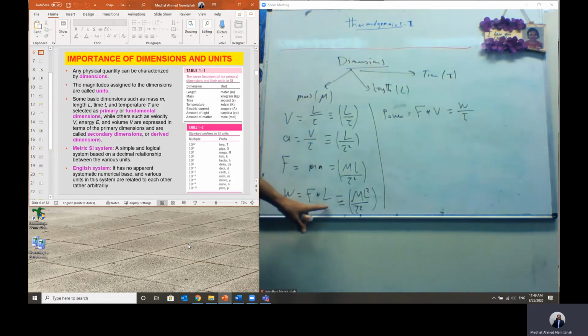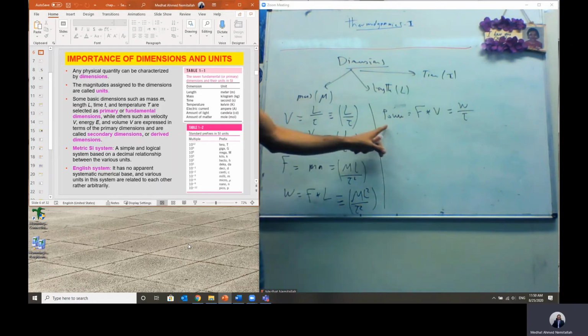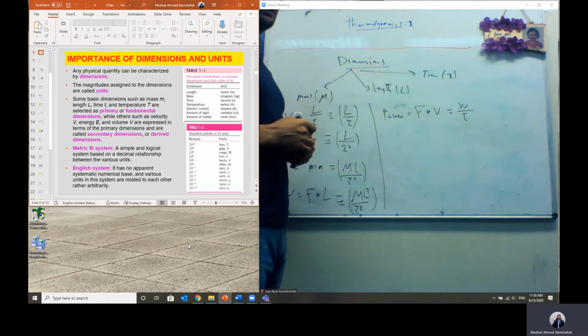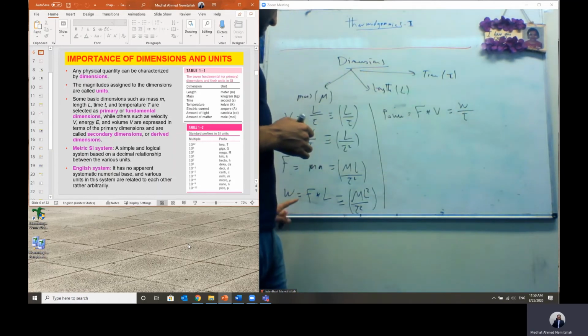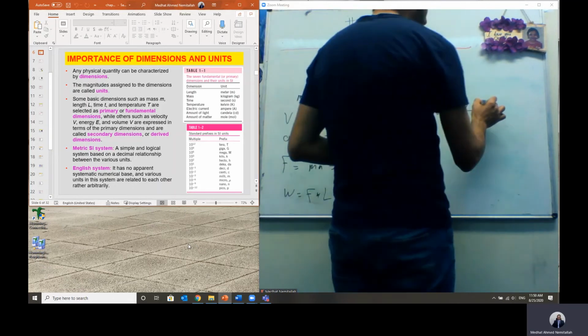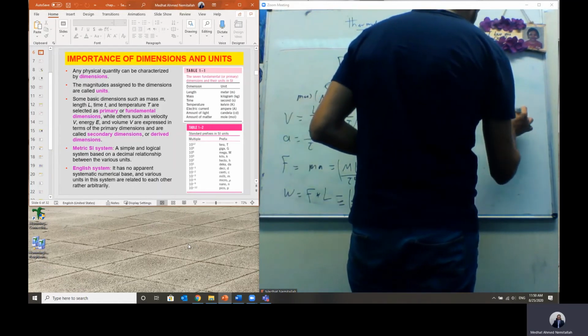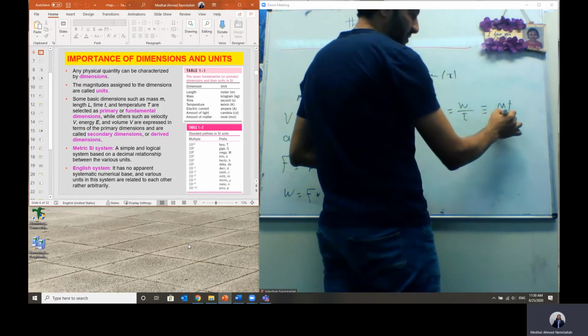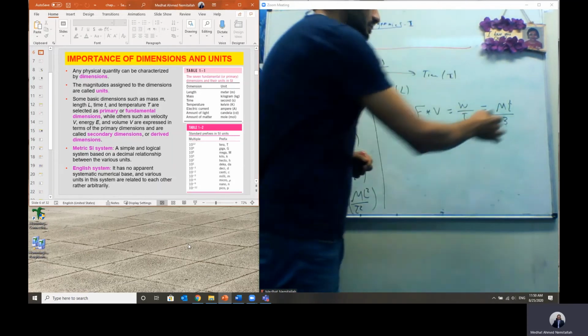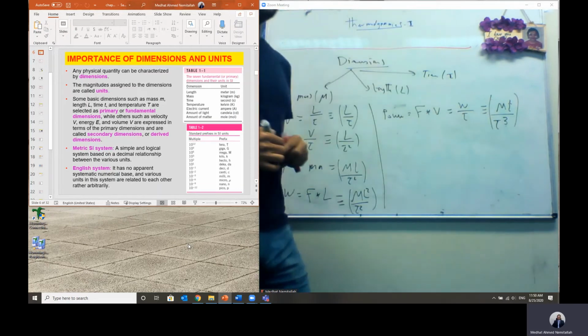Work, which is force multiplied by distance, divided by time, so it will be L over T. L over T is V. So in this case, the power is equal to force multiplied by velocity. So it is work divided by time. So the dimension of the work is mL squared divided by T squared, divided by time. We have to divide by time, so it will be mL squared divided by T cubed.